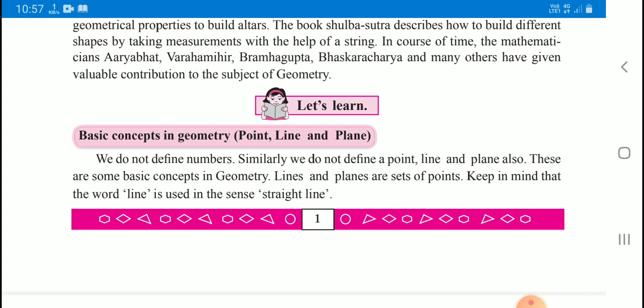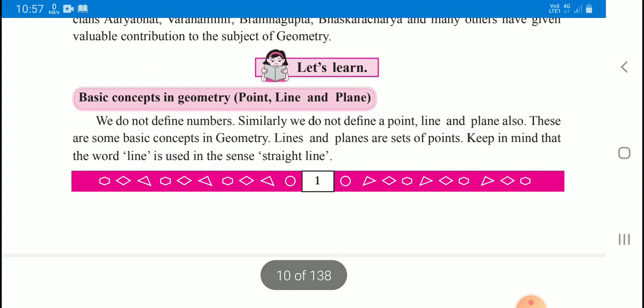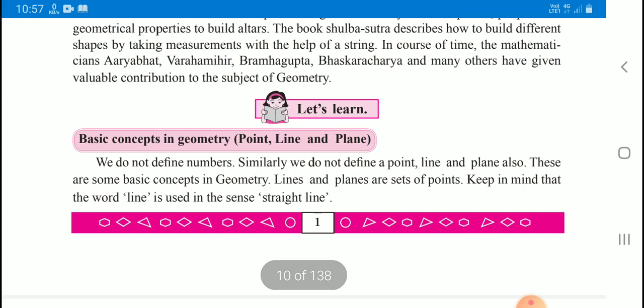In mathematics, any flat surface is known as a plane. Note that down very well. We do not define numbers. Similarly, we do not define a point, line and plane also. We can just give their meaning. These are some basic concepts in geometry.